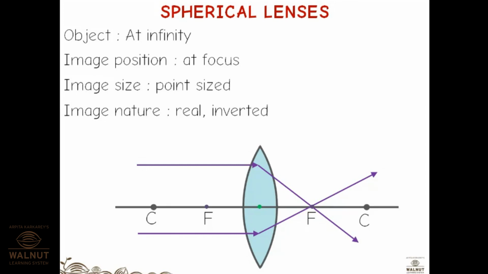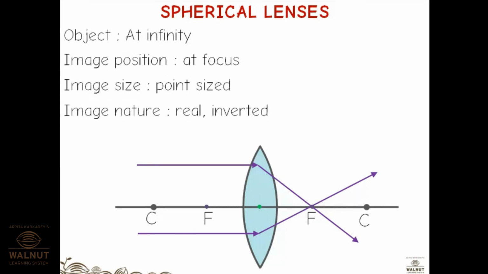It is behind the lens, but one thing you have to remember is that whenever the object is kept at infinity, that means the distance is more, right? So the image is real if the distance of the object from the lens is greater than the focal length. Got it? What is the focal length?